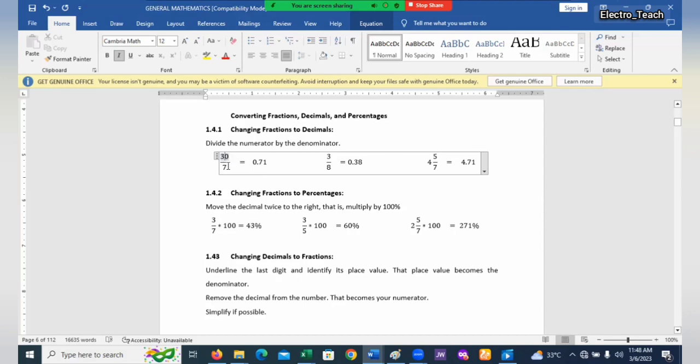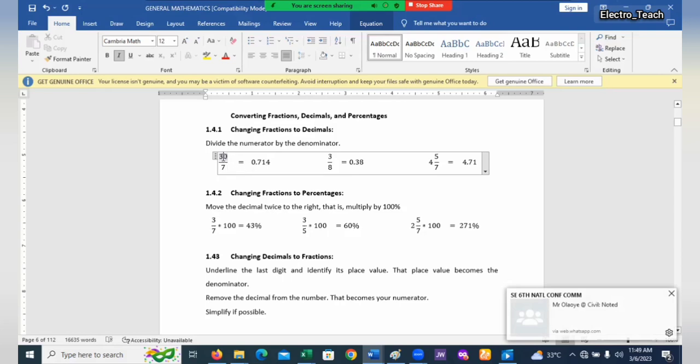We now look at how many times you will find 7 in 30. That will be 4. That is 0.714. Now, 4 times 7 is 28. It means out of this 30, if you take 7 out 4 times, you will have 2 left.